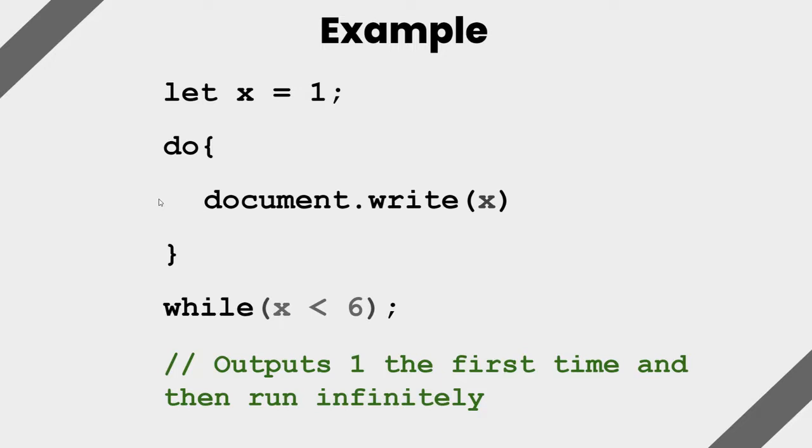Now, this particular example we have here also outputs the very first value for x, which is 1, and it then runs infinitely. So for this not to happen, we need to add an increment which would always increase the value of x by 1, and by doing so we would avoid the code running continuously over and over and over again.